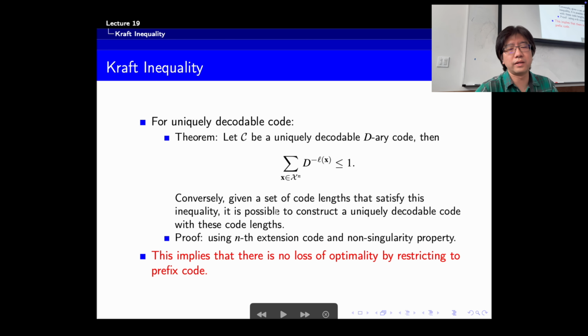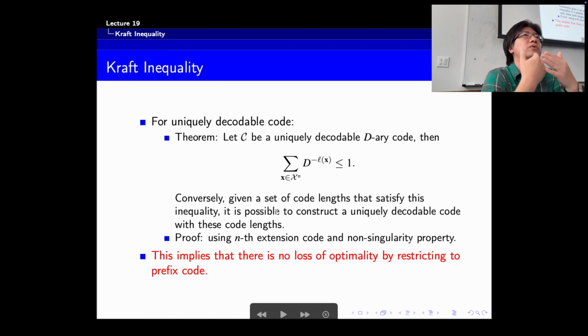One important implication of this is that the uniquely decodable code and the prefix code have exactly the same Kraft inequality. So this basically means that by using the prefix code, we do not lose anything.